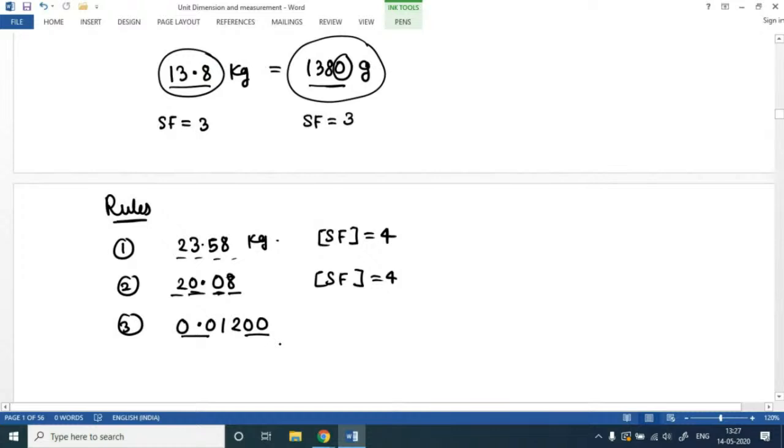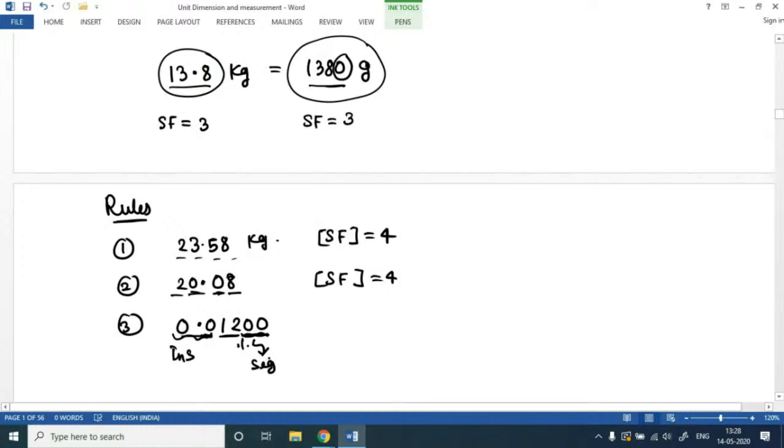So the rule here is, if we have a number which is less than 1, the zeros to the left of the non-zero digits will be insignificant, and the zeros after them you should realize are significant.